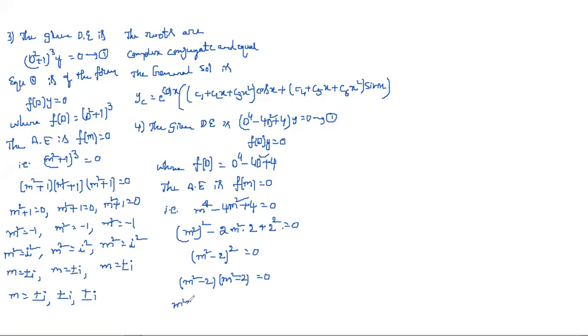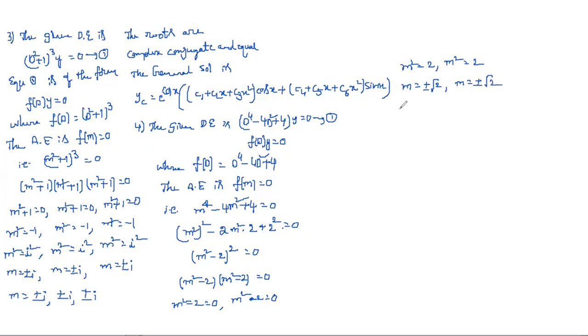By the null factor law, we can separate that: m square minus 2 is equal to 0 and m square minus 2 is equal to 0. Then m square is equal to 2 and m square is equal to 2, so m is equal to plus or minus root 2, and this is also m is equal to plus or minus root 2.